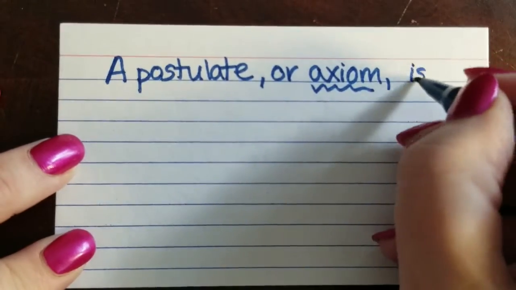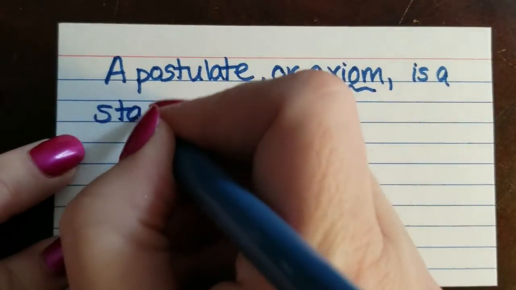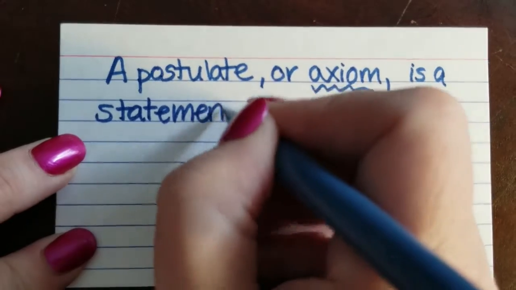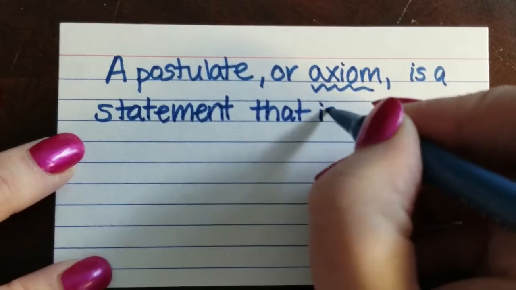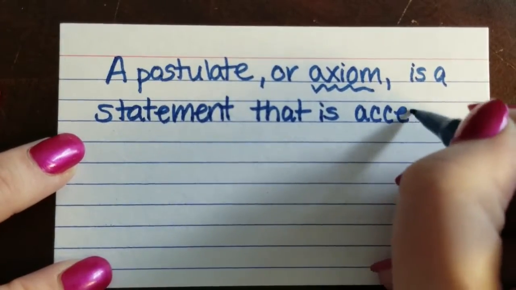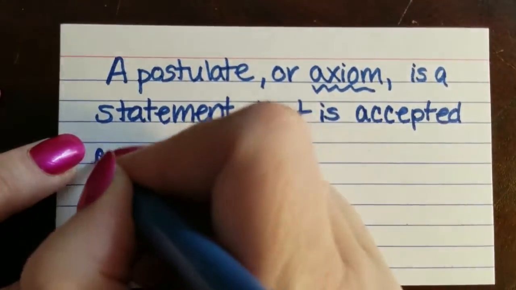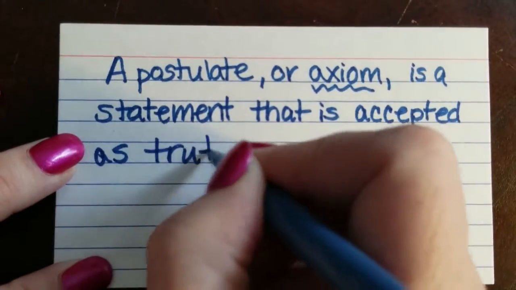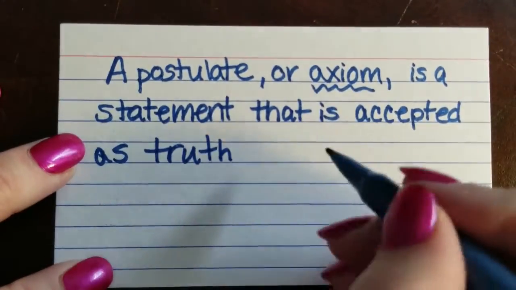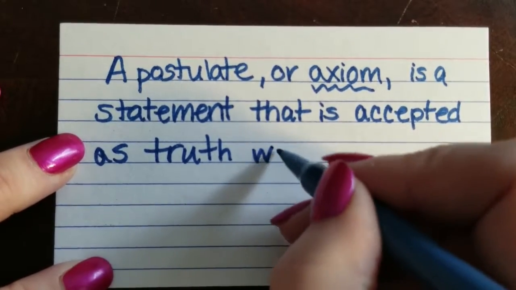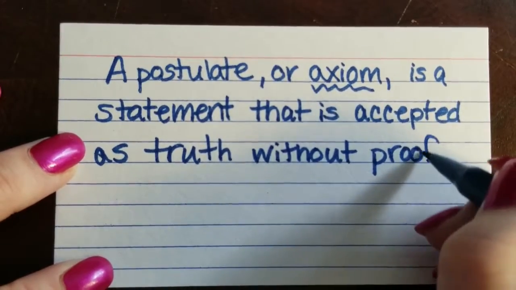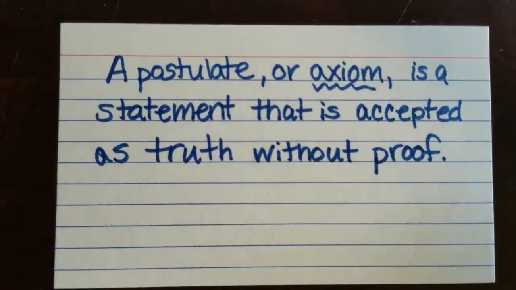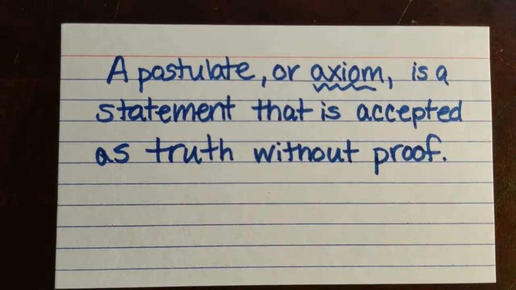It's a statement that is accepted as truth, but we accept that as true without proof. These postulates about our points, lines, and planes are going to help describe our geometric properties that we're going to be learning.